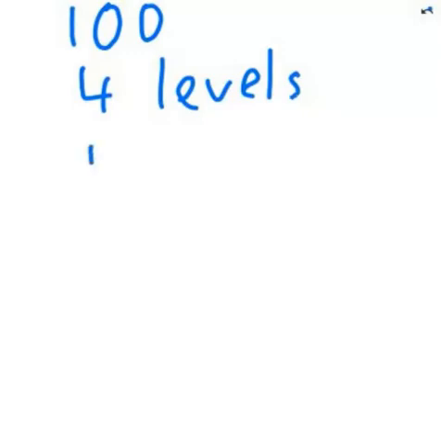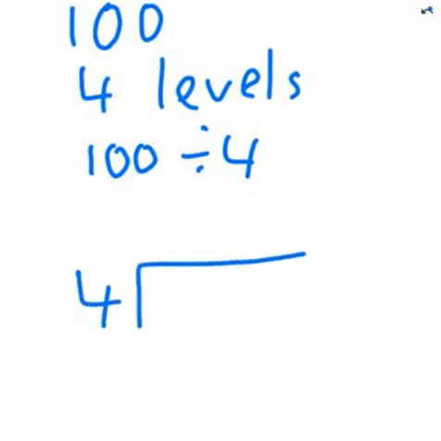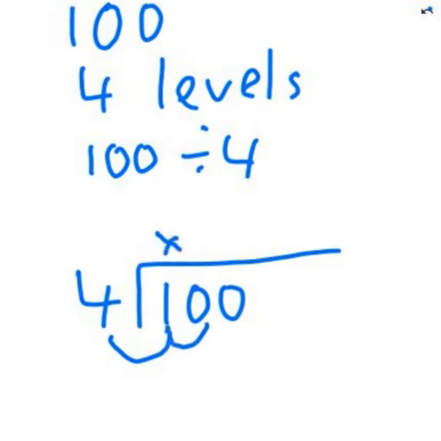So in reality, this is 100 divided by 4, which means the 4 goes on the outside, this goes here, 4 into 100. 4 into 1 doesn't go in, so we'll put a cross. 4 into 10, that is 2, remainder 2. 4 into 20 is 5.